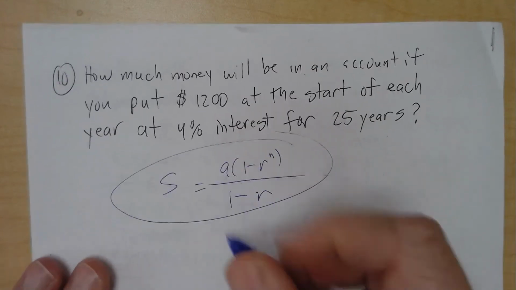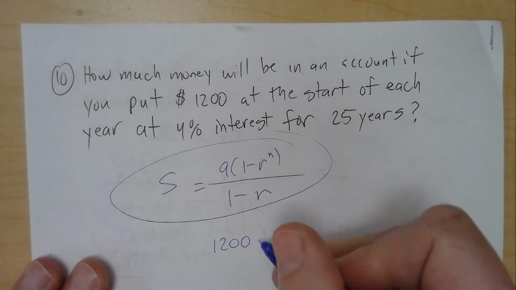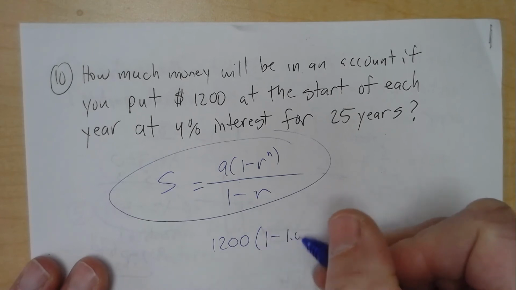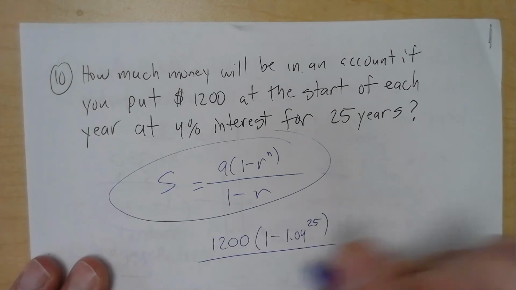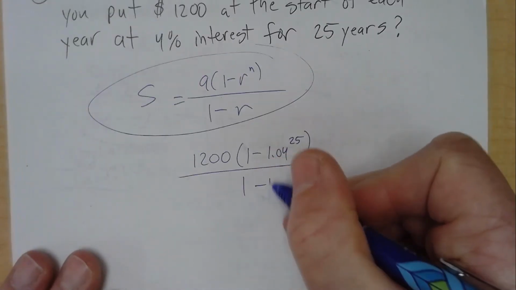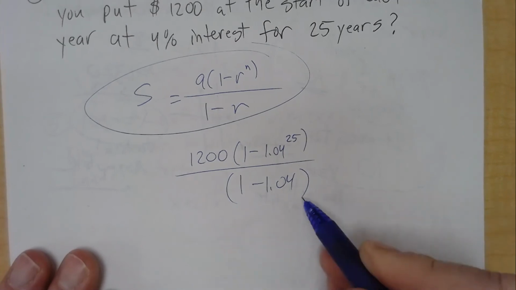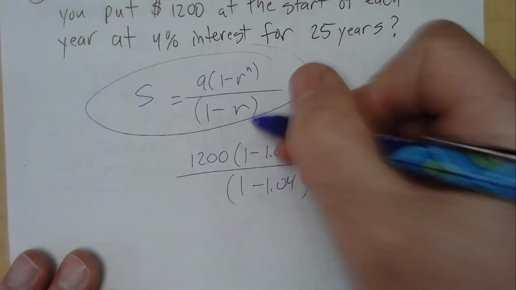So A is your starting amount. We're starting off with $1,200, and then we keep multiplying by 1.04 because it's 4% more. So it's 1 minus 1.04 to the 25th power because we're doing this for 25 years. And then it's 1 minus 1.04. Put that in parentheses, that's why you have to type it in the calculator carefully. Remember, hug your binomial.